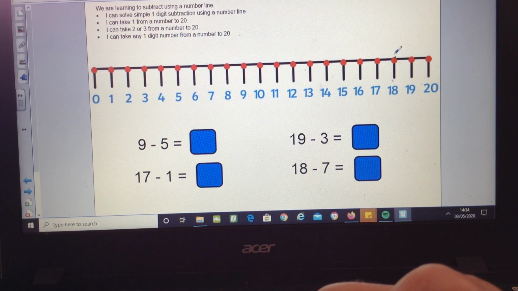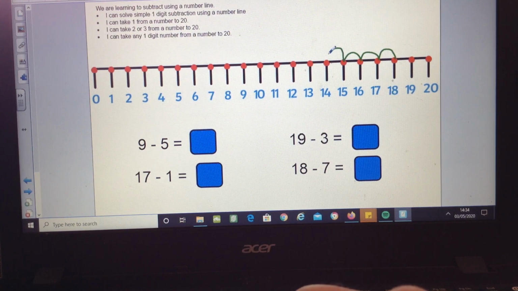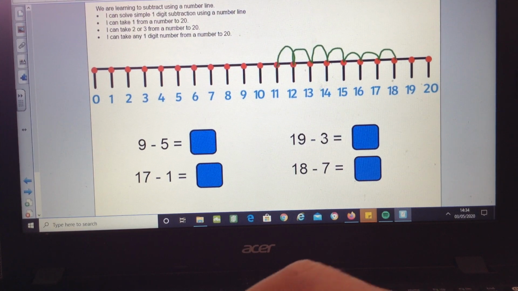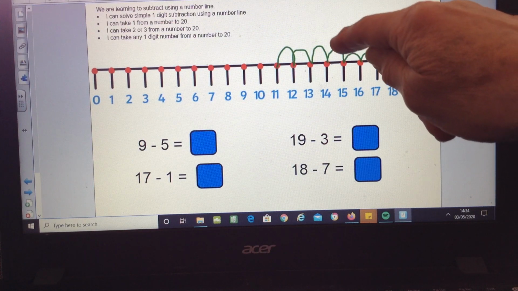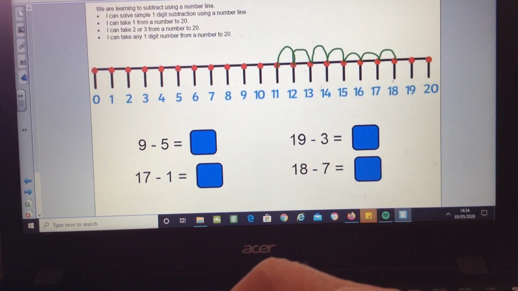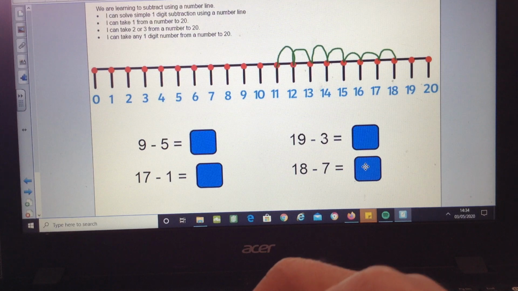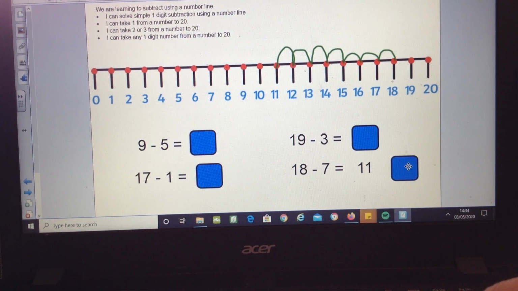I'd better be careful. Take away 1, take away 2, take away 3, take away 4, take away 5, take away 6, take away 7. And the answer is 11. 1, 2, 3, 4, 5, 6, 7. Just checking that I've got the right number of jumps. And my answer is 11. Well done if you got that one right.